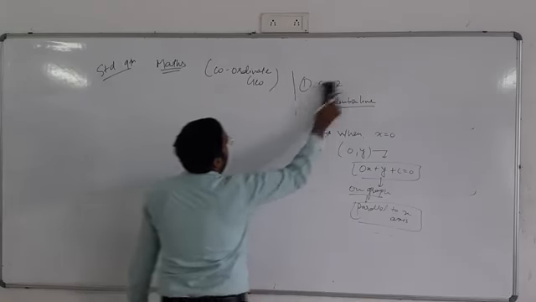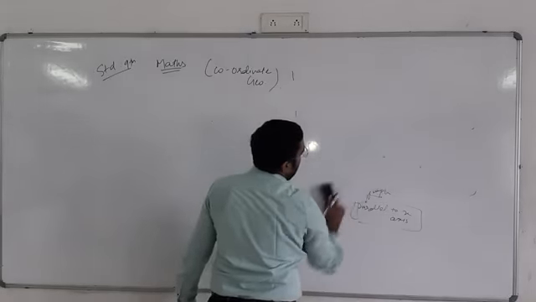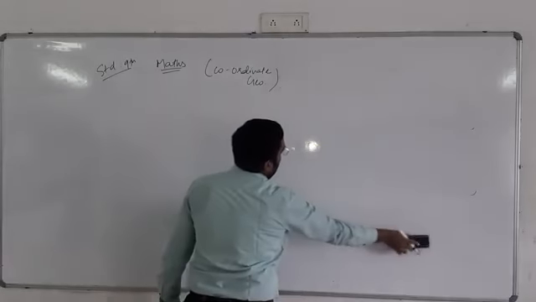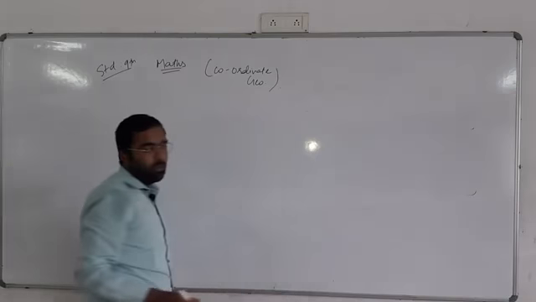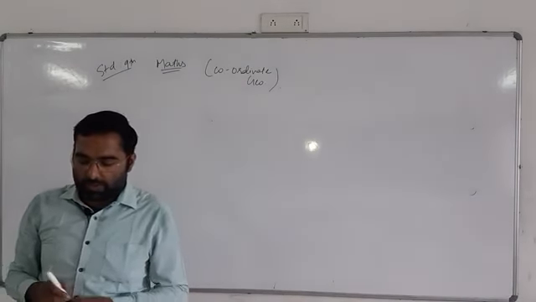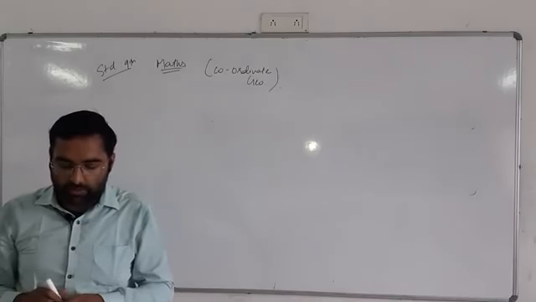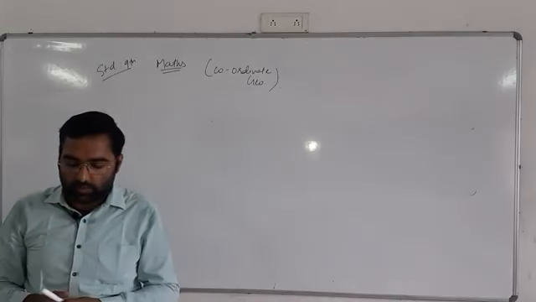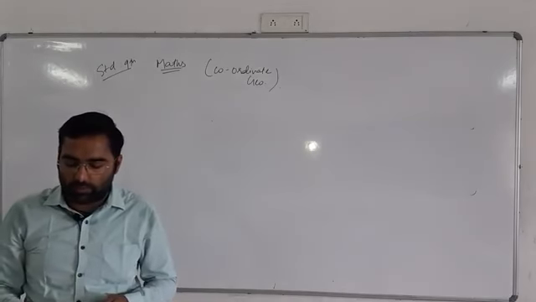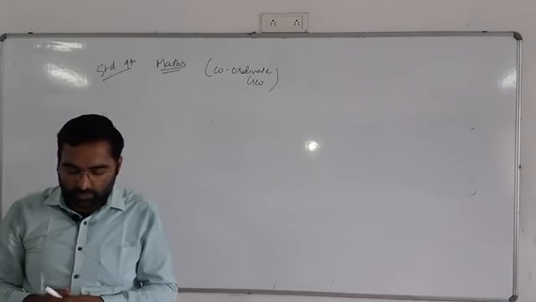Now we have to take some important questions related to linear equations in two variables. Okay. If the point 2 comma -2 lies on the graph of the linear equation 5x plus ky equal to 4, find the value of k.